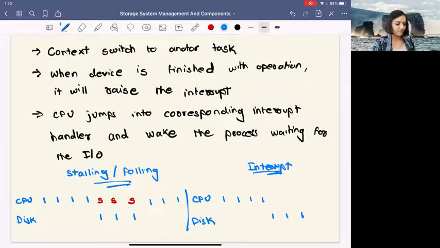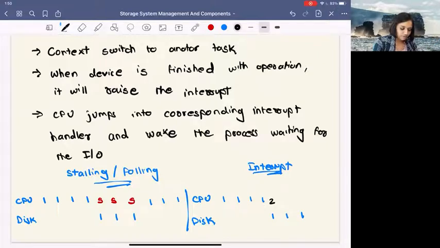But because of the mechanism of interrupt, while the disk is busy fetching this data, the CPU just puts an interrupt and can go ahead and complete some other work with some other process.